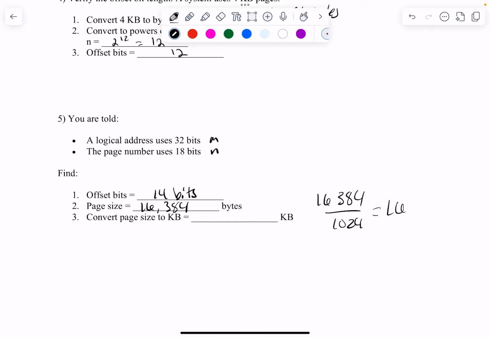That's going to get about 16 kilobytes. And that's how you solve this.